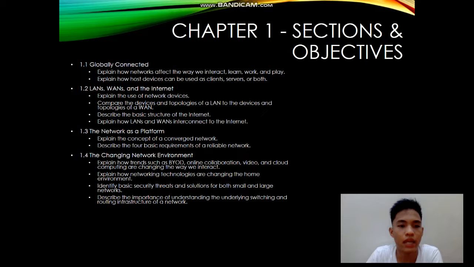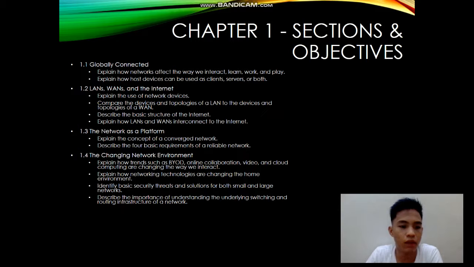Section 1.2, LANs, WANs, and the Internet, has objectives to explain the use of network devices, compare the devices and topologies of a LAN to the devices and topologies of a WAN, describe the basic structure of the Internet, and explain how LANs and WANs interconnect to the Internet. Section 1.3, The Network as a Platform, has objectives to explain the concept of a converged network and describe the four basic requirements of a reliable network.